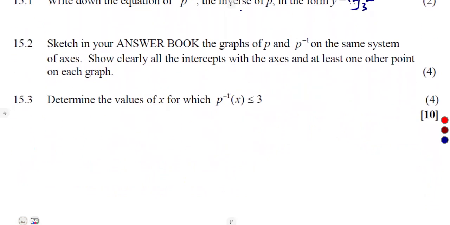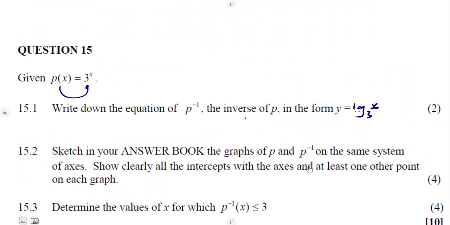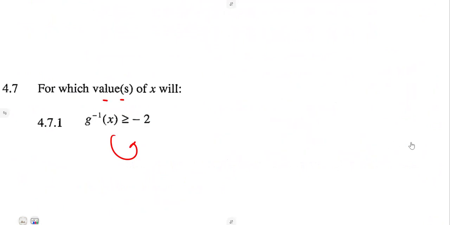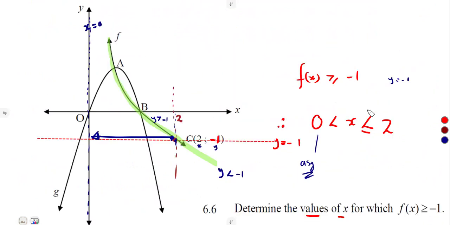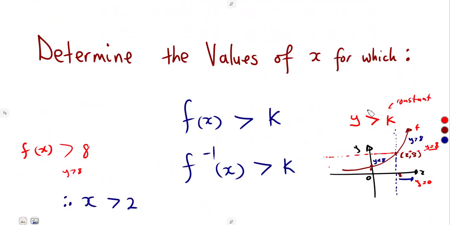For the sake of time, because we are used to these functions, we know that 3 to the exponent of x is just like the one that we just had, a condition of this nature.